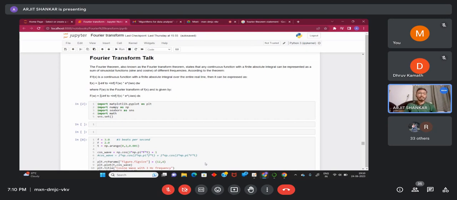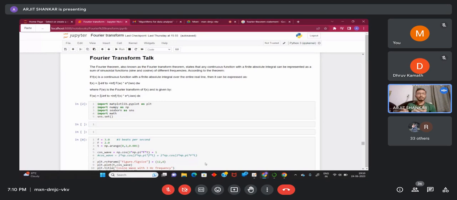As I've written over here, the Fourier theorem simply means that if you have a periodic and continuous signal or function, you can write it as a summation of sines and cosines. We know that sines and cosines are orthogonal to each other, right?